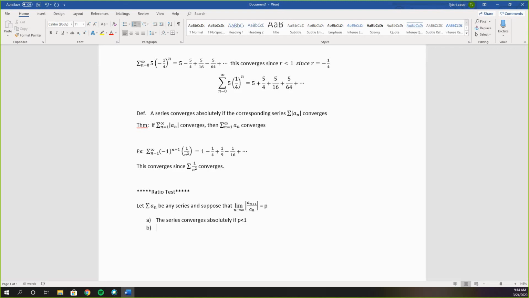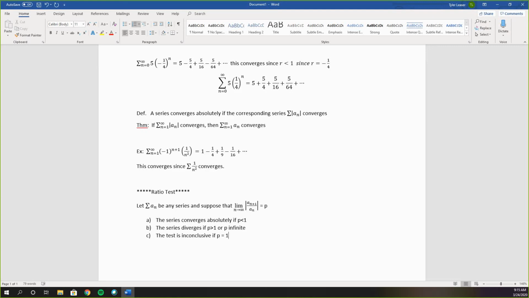The series diverges if p comes out to be greater than 1, or if it converges to infinity. And then, the test is actually inconclusive if p comes out to be exactly 1.